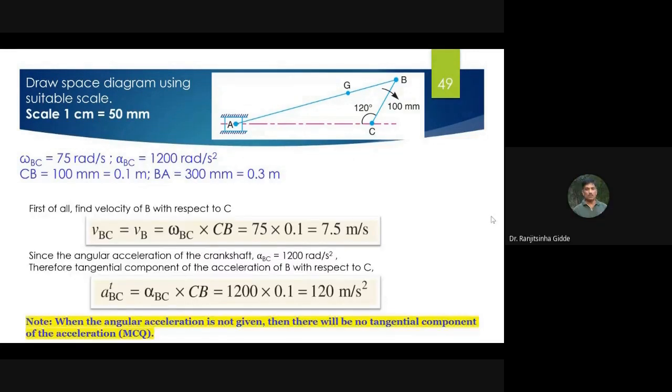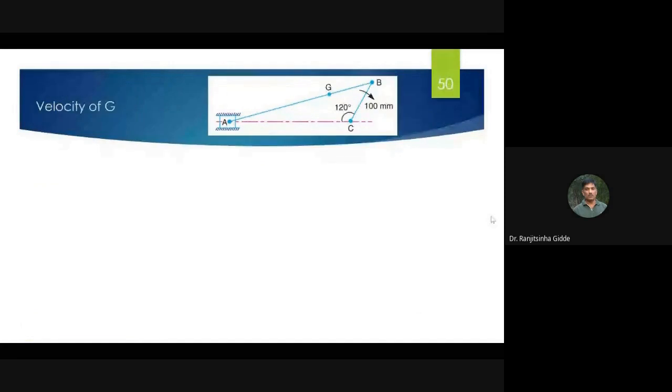Center of gravity G, the velocity for that G we need to determine. So once again this space diagram is displayed.